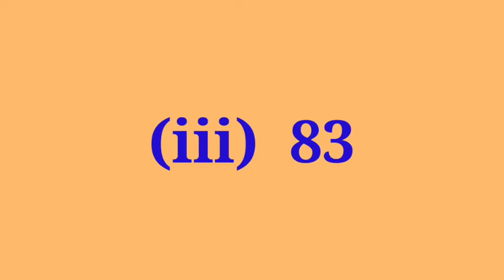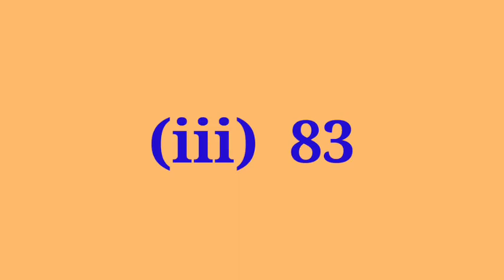So after 8 we put a decimal point, and the next digits will be written as they are. So it will be 8.3 times 10 raised to the number of digits next to the first digit, which is 1.